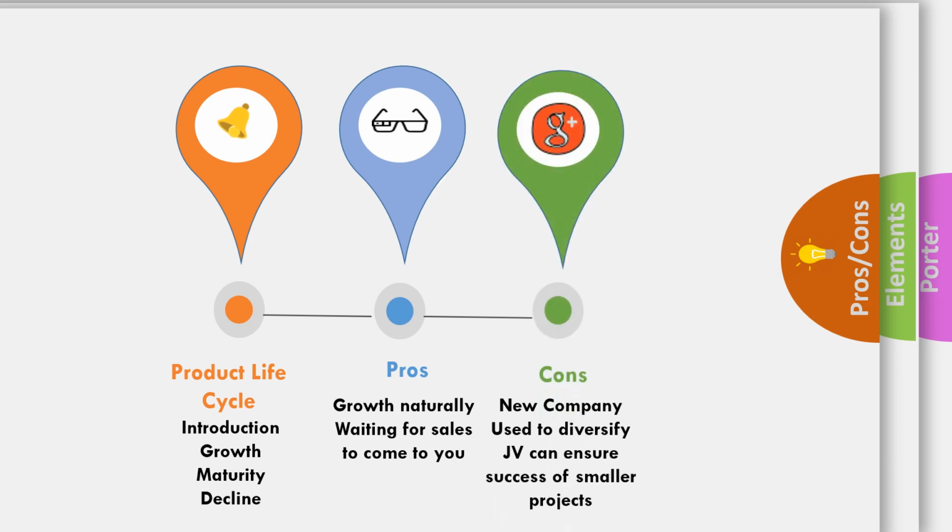In terms of the cons, not all products will follow the typical product life cycle. You may have some products going straight up and then to decline, or you may have some products in a long mature stage which is extended in itself. And it's hard to predict how long a product will last in each stage.